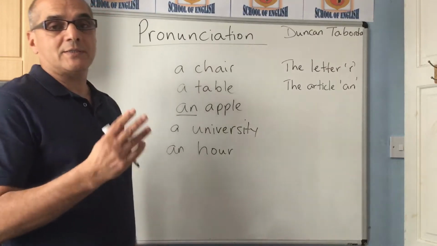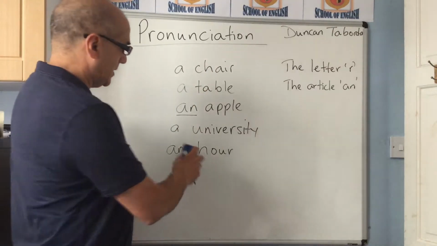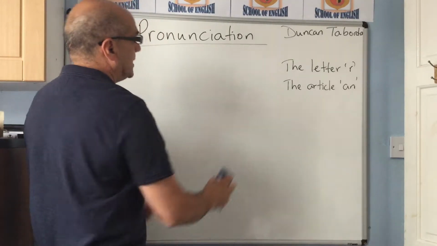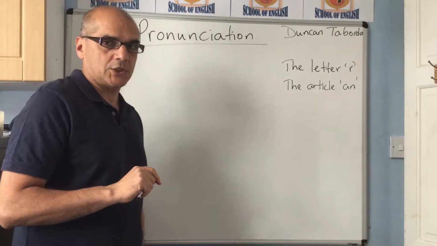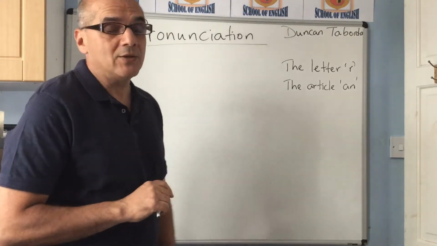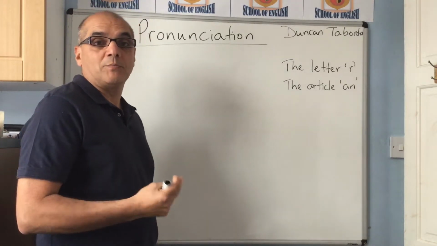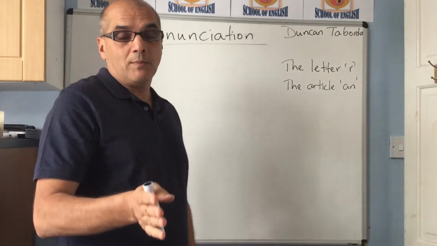Now this is very closely linked to what I was saying about the letter R. When it comes to pronunciation in British English, we don't actually pronounce that letter R. We only pronounce it when it's followed by a vowel sound. Now, let's make one point very clear.